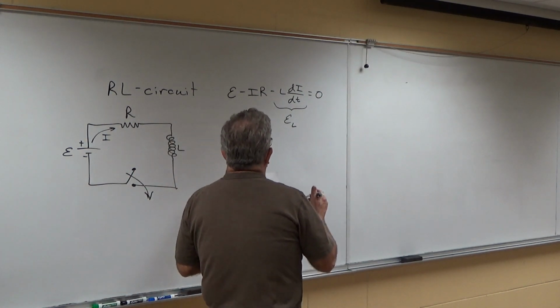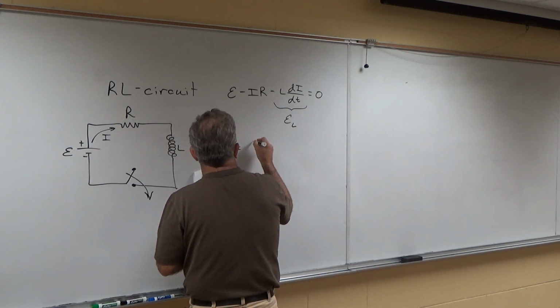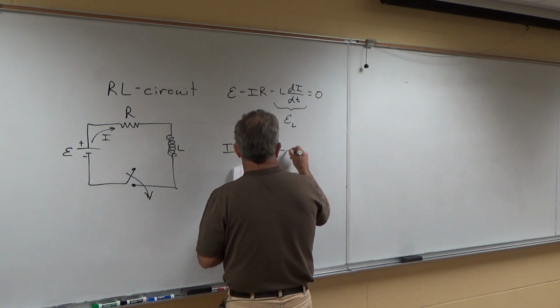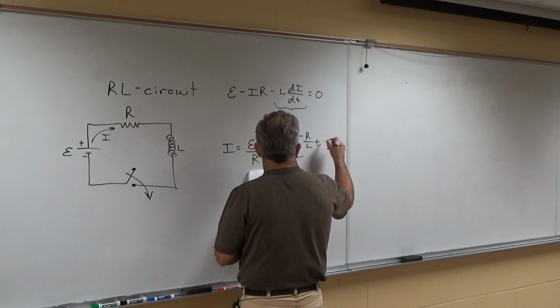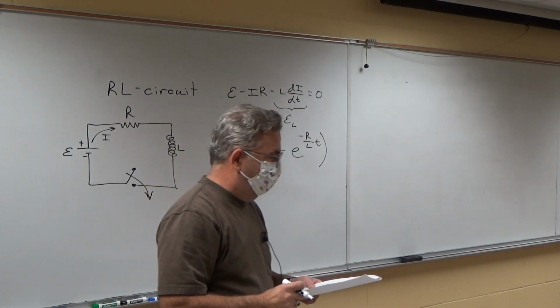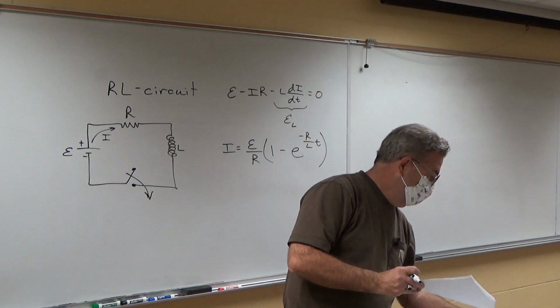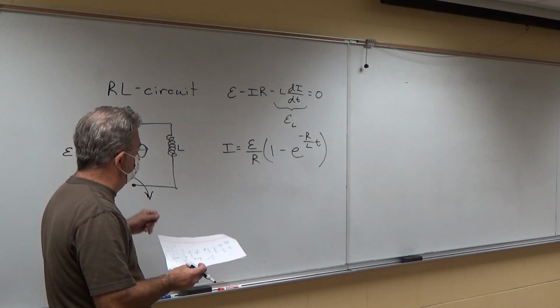So you get the current; I'm solving for the current. The current is equal to E over R times 1 minus e to the minus R over L t. After you close, well, let's look at it this way.